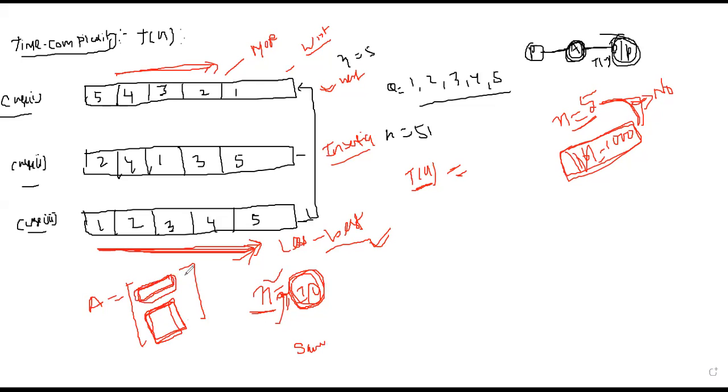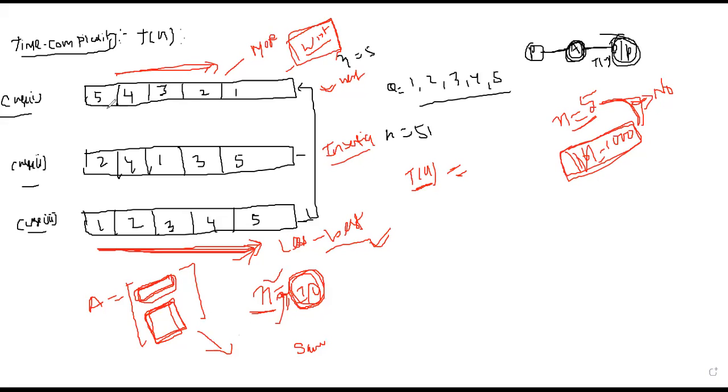So tell me, when you calculate time complexity, which case of the algorithm is best to take, and in which situation? Now you have to always take the worst case. Worst case means, for this algorithm, what is the worst case?